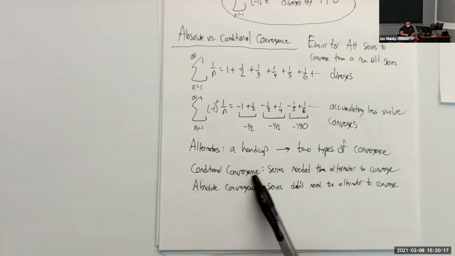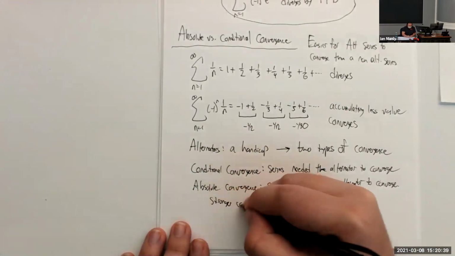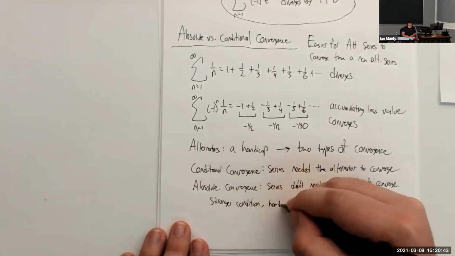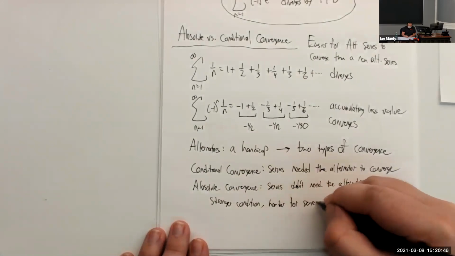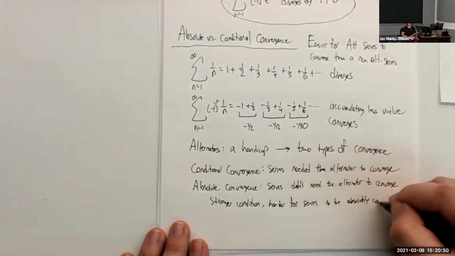But on the other hand, let's say you're a series that converges conditionally. So let's say you're maybe 6 or 7 years old, and you're getting pretty good at using your little Fisher-Price basketball hoop. But then you try to make shots on the regular one, and you're probably not going to be as successful with that. So absolute convergence is a stronger condition, and it's harder for a series to be absolutely convergent.